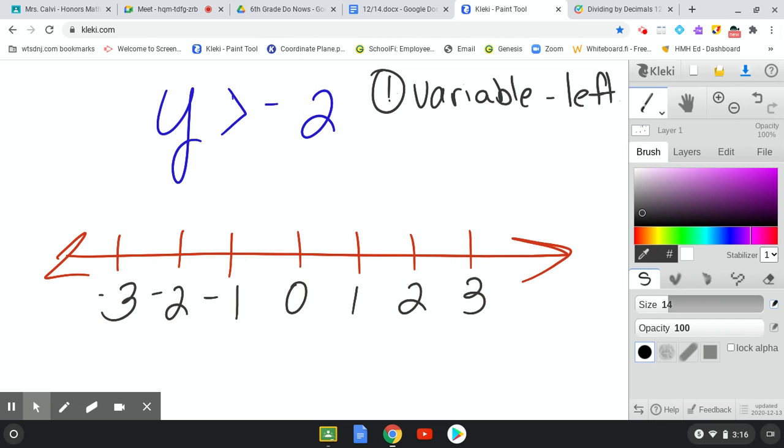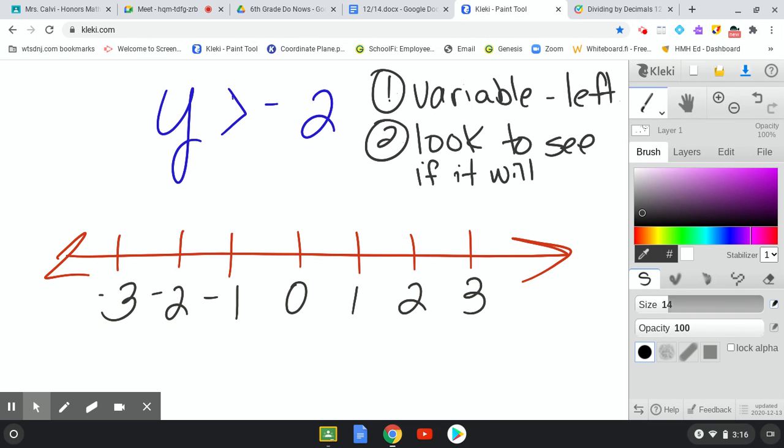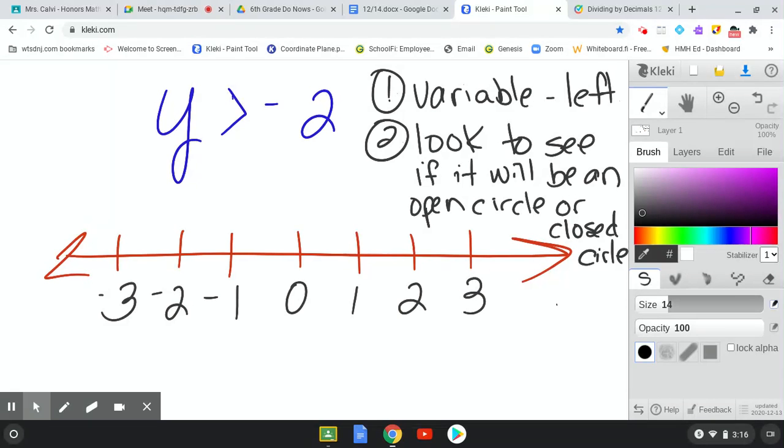Step 2, look to see if it will be an open circle or closed circle. And then step 3 is to graph.